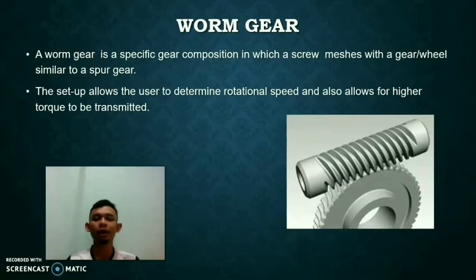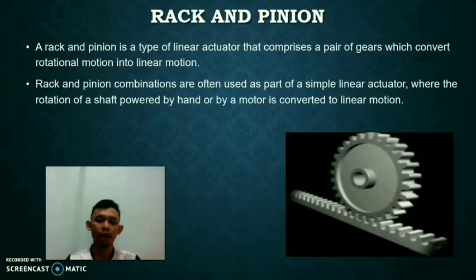And the next is worm gear. A worm gear is a specific gear composition in which a screw meshes with a gear, similar to a spur gear. The setup allows the user to determine rotation speed and also allows for higher torque to be transmitted. So this worm gear can be adjusted. And the rack and pinion gear.